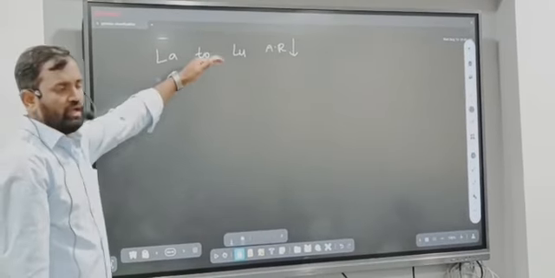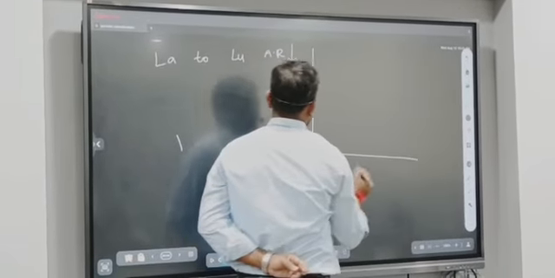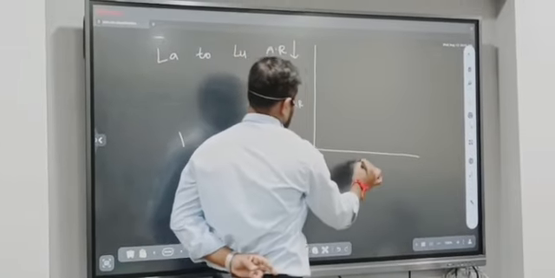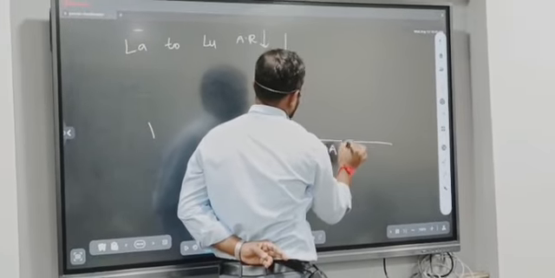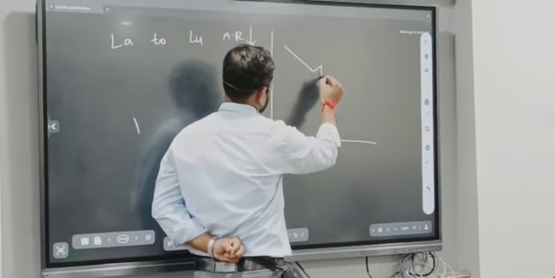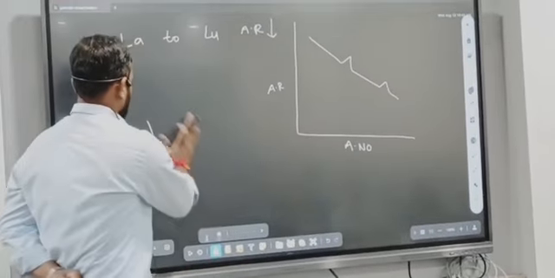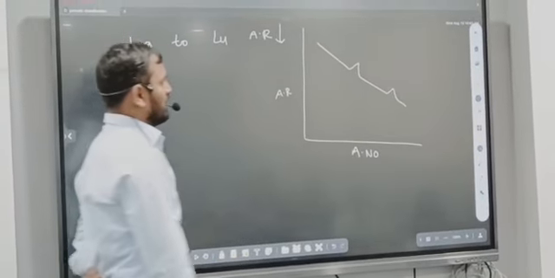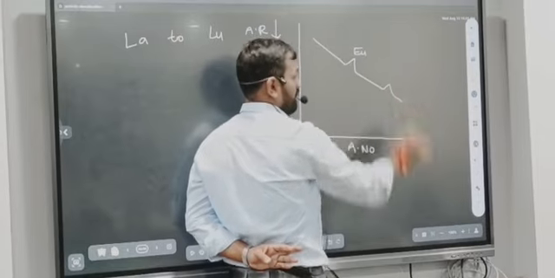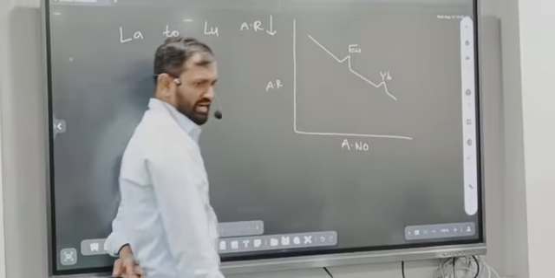If you see the graph between atomic radius and atomic number, the graph looks like this. These peaks indicate that some elements abnormally have greater radius than the regular trend. Europium and ytterbium show an abnormal increase in radius.